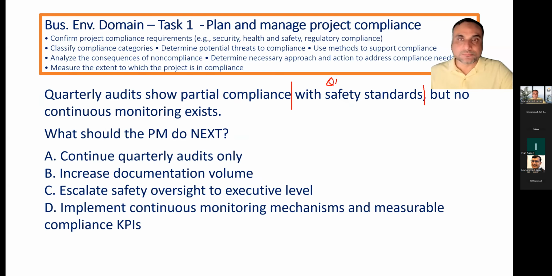But no continuous monitoring exists. What should the PM do next? Continue quarterly audits only, increase documentation volume, escalate safety oversight to executive level, implement continuous monitoring mechanism and measurable compliance KPIs.